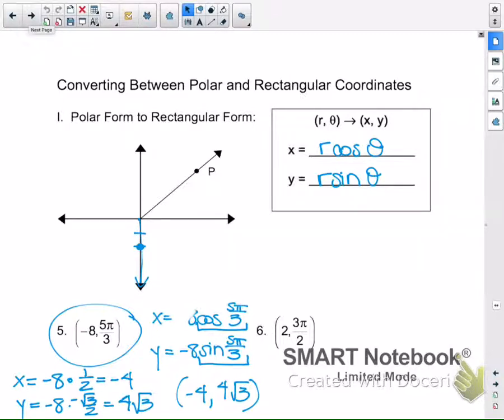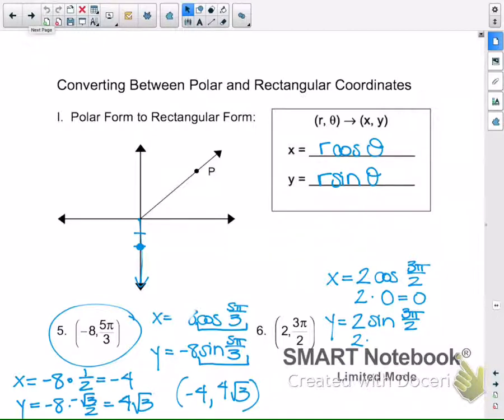Now, let's just make sure it makes sense, though. If I did x equals r times the cosine at 3 pi over 2, what is the cosine at 3 pi over 2? 0, which does work out to 0. And if I did the y is equal to r times the sine at 3 pi over 2, what is the sine at 3 pi over 2?